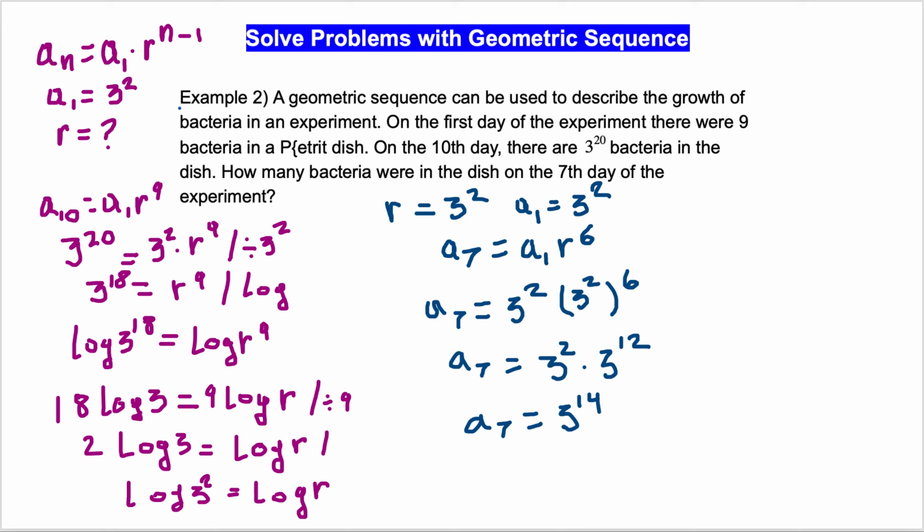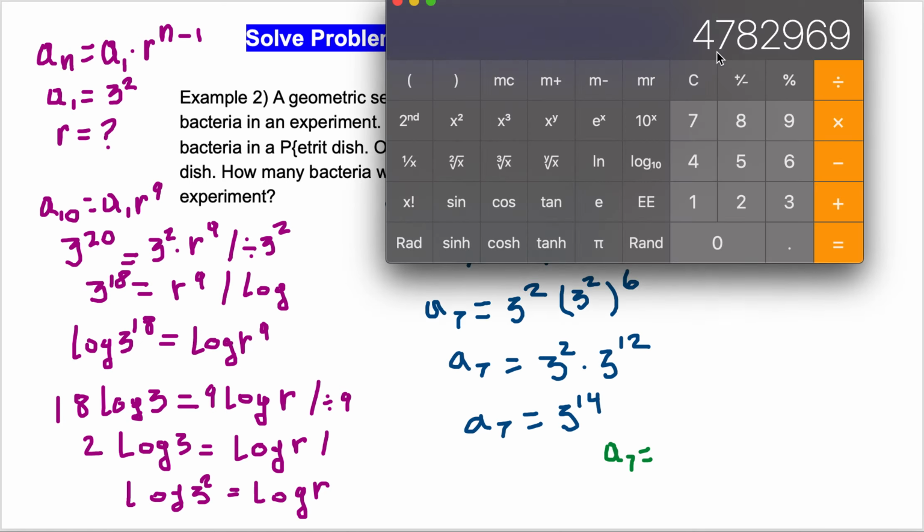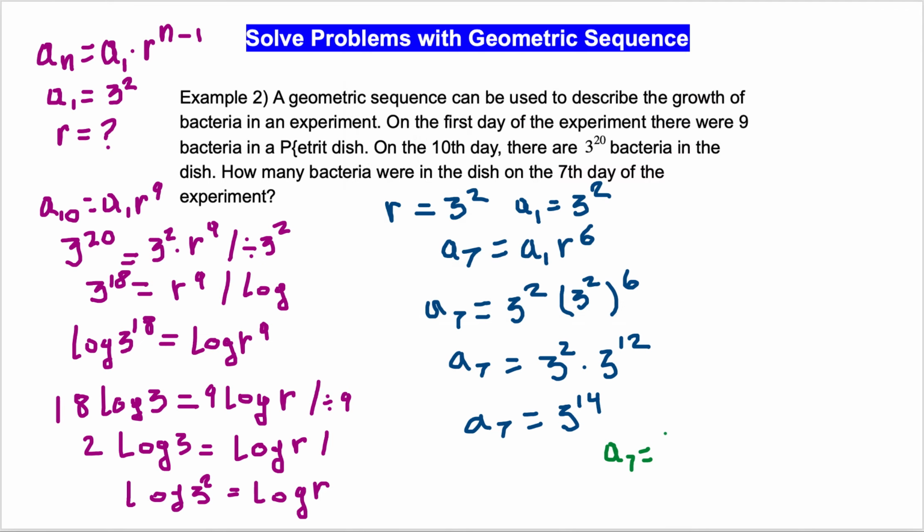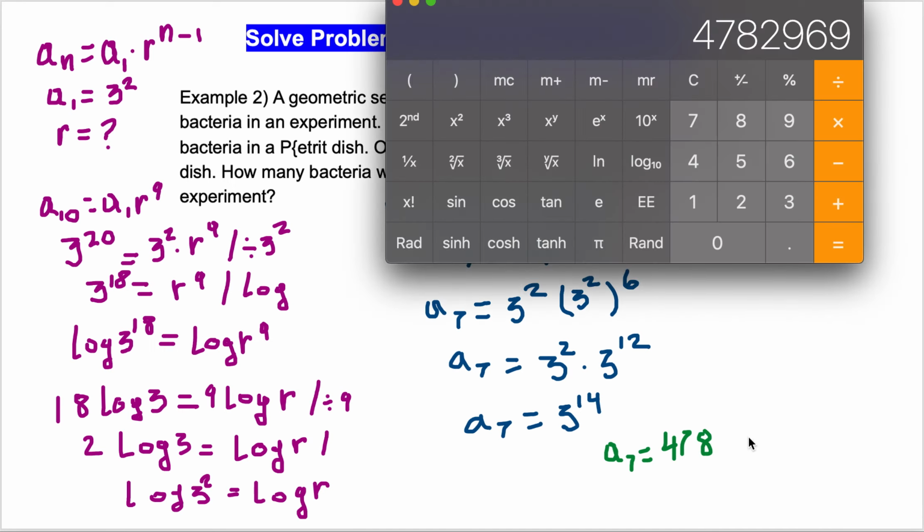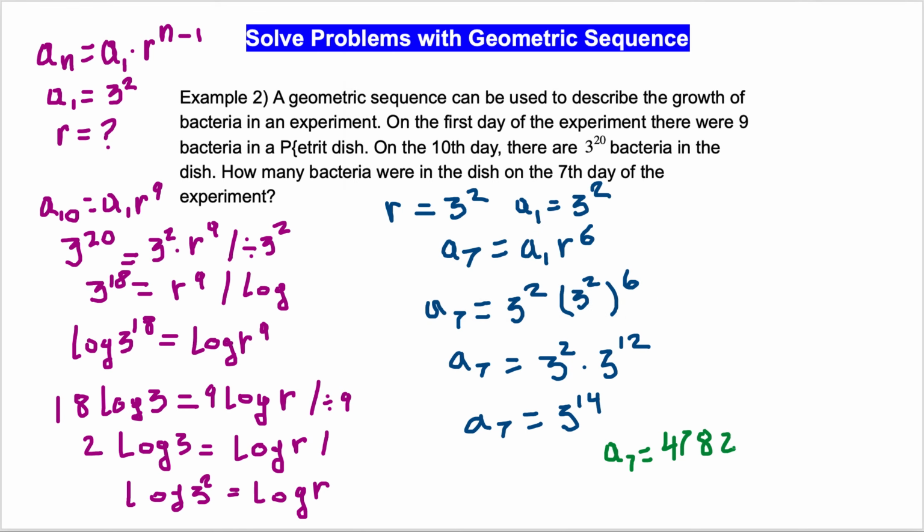We can leave it this way, or, to be more specific, we can find the value of 3^14 on a calculator, which gives us a perfect number: 4,782,969.